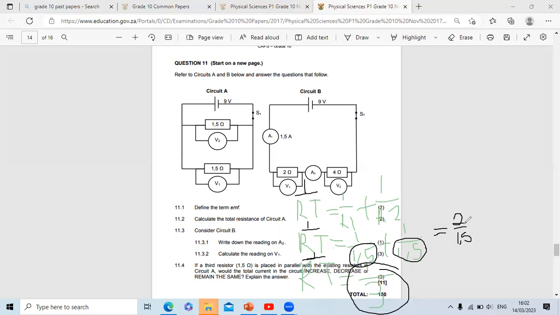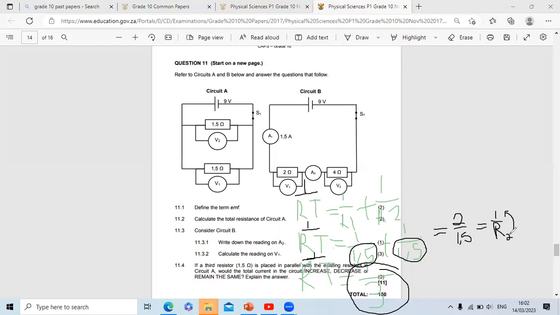Exactly. And then since this is 1 over RT, all you have to do now is take this to this side.